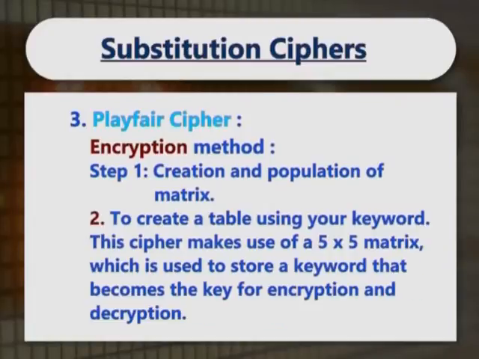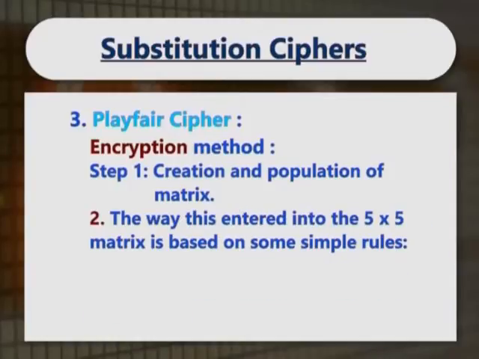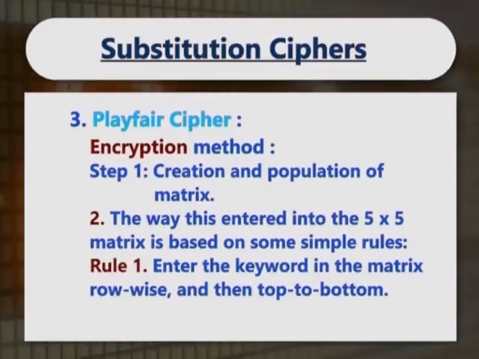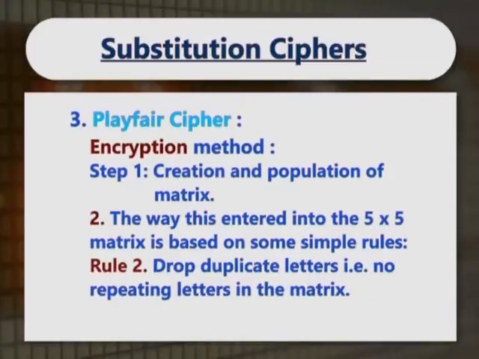After you have chosen a keyword, the next step is to create a table using the keyword. The Playfair cipher makes use of a 5 into 5 matrix, which is used to store a keyword that becomes the key for encryption and decryption. The way this is entered into the 5 into 5 matrix is based on some simple rules. The first rule is to enter the keyword in the matrix row wise and then top to bottom. The second rule is to drop duplicate letters, that is no repeating letters, in the matrix.